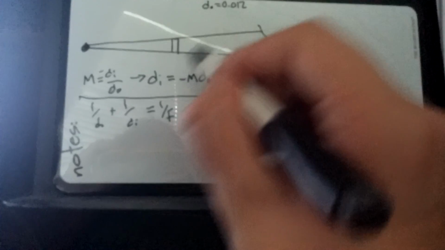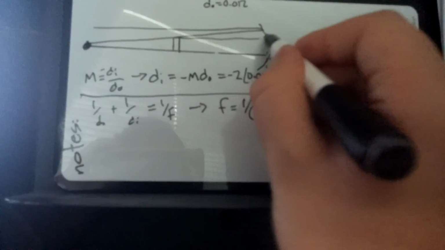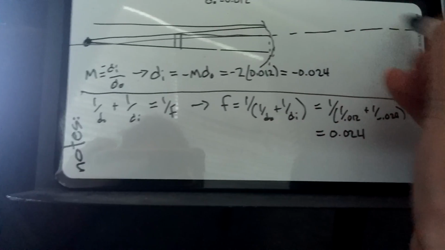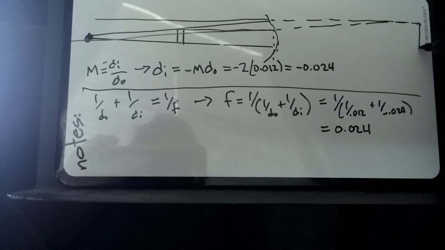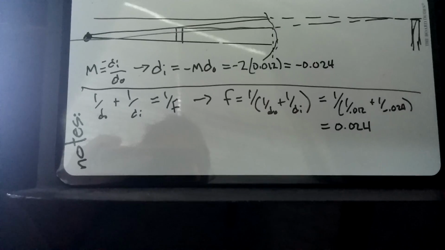And we trace this. It's going to bounce straight out. This is going to bounce straight in and bounce towards that. So this is going to come out like that. This is going to come straight out like that. And we'll have an image over here, upright, of the tooth. It's going to be bigger. It's going to be virtual.